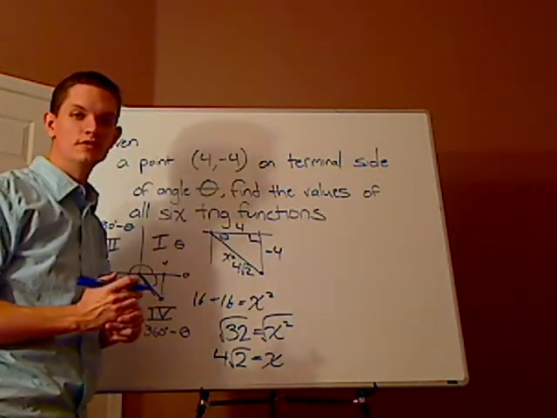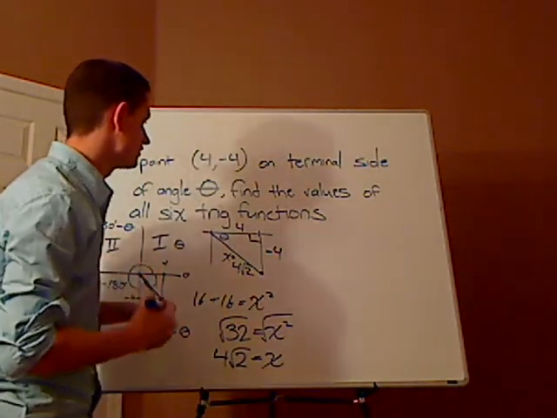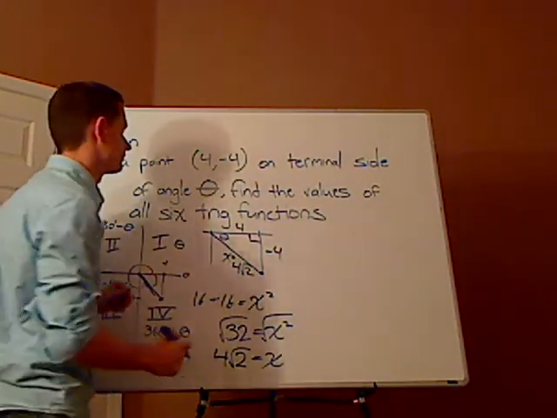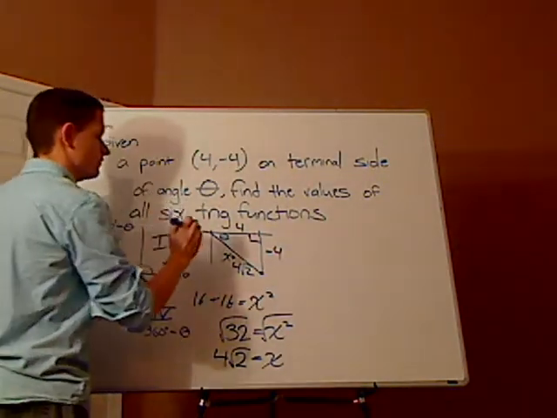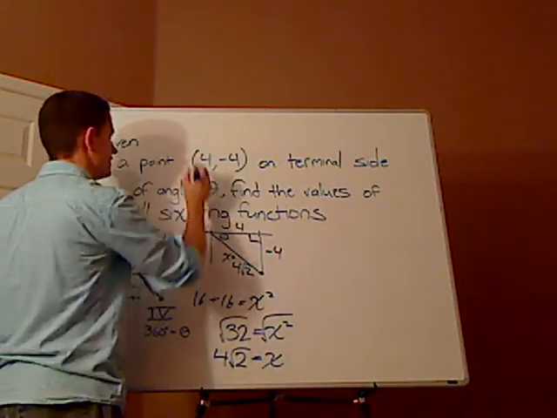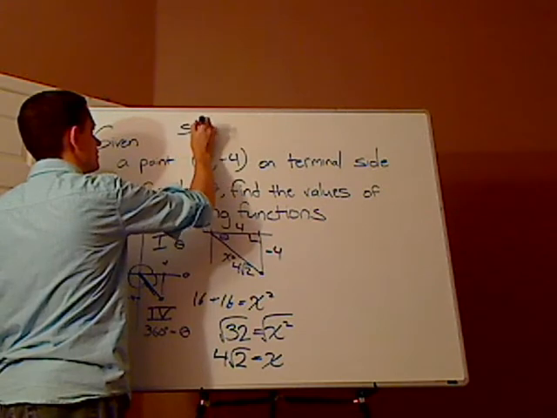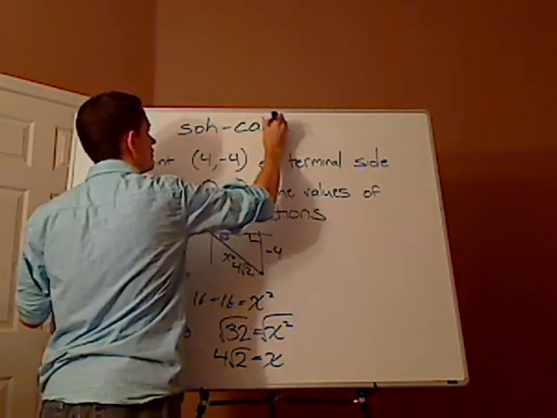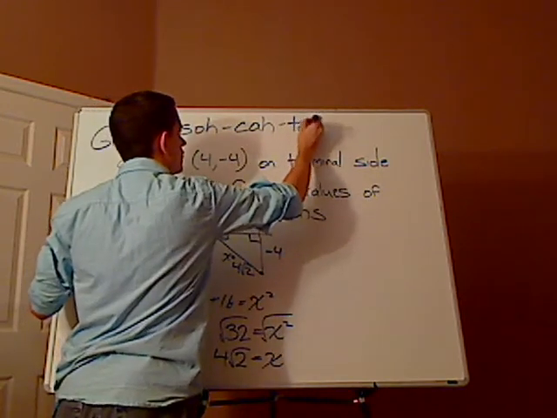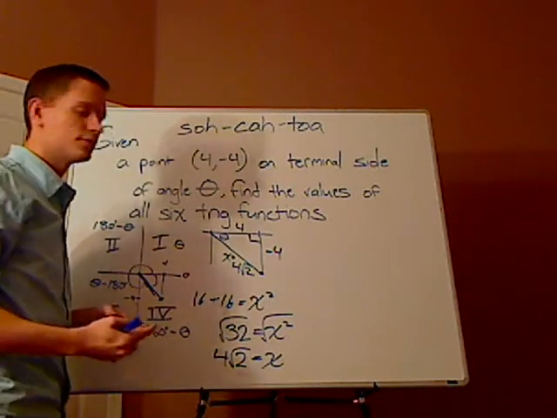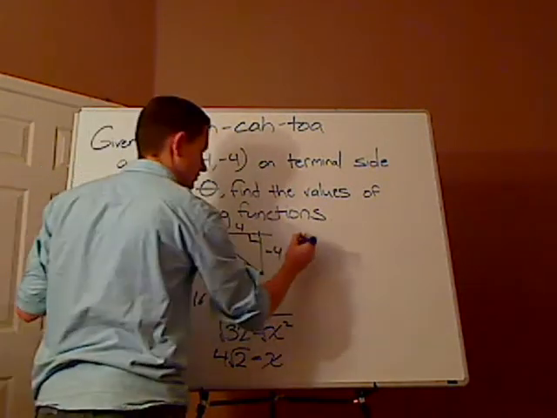Now, what you're going to do now is find the 6 trig functions, because now you have all 3 sides. Now the main 3 is SOH CAH TOA, right? Sine is the opposite over hypotenuse.